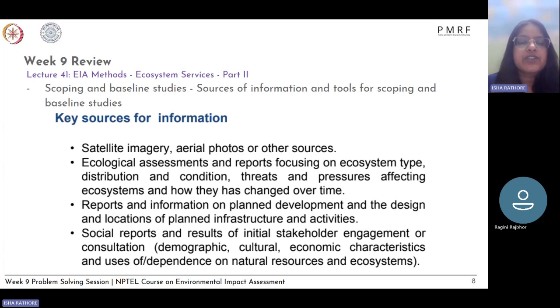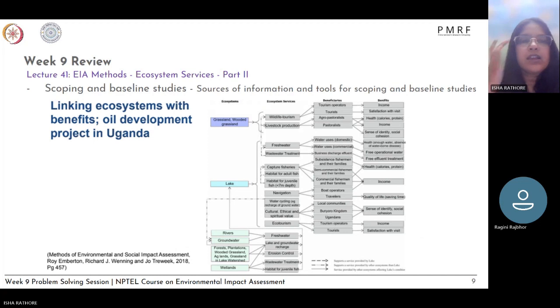So we get information regarding the demographic profile, the cultural beliefs and cultural value which this community holds, the economic characteristics and uses of or dependence of natural resources and ecosystem. So based on social reports, you can get this kind of information. So several organizations do undertake these kind of studies. So this information can be found online or from respective sources. So this information you can collect in your desktop initial studies.